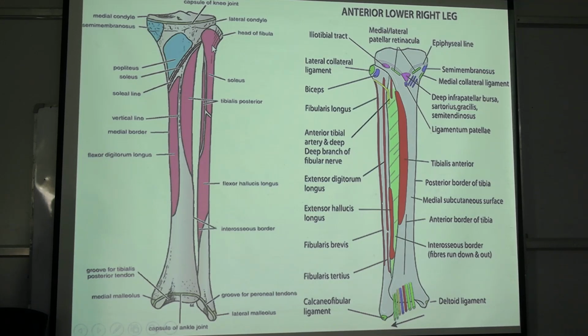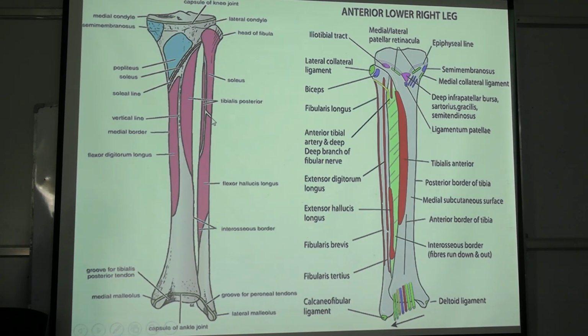Soleus is present on the posterior surface or posterolateral part. So starting from the head, neck and posterior surface, soleus and tibialis posterior are attached.